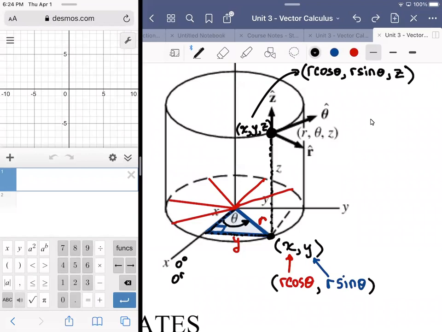If I project it up parallel to the z-axis, it'll get me to the same location as x, y, z would. So r, theta, z does the same thing.